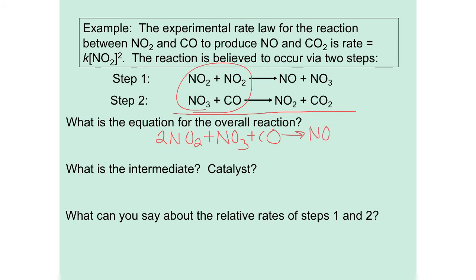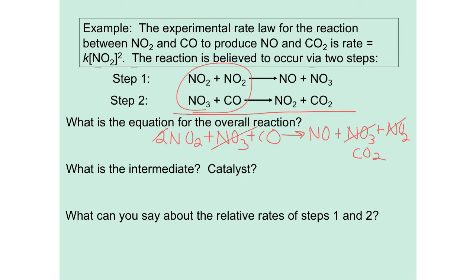So NO, NO3, NO2, and CO2. Then what I want to do is simplify this by crossing out anything that appears on both sides of the equation. So that would be NO3 because it shows up on both sides of the equation and one of the NO2s.